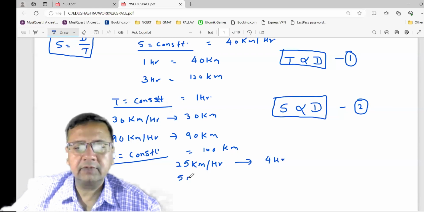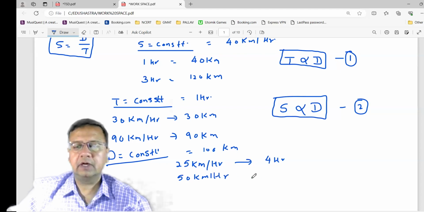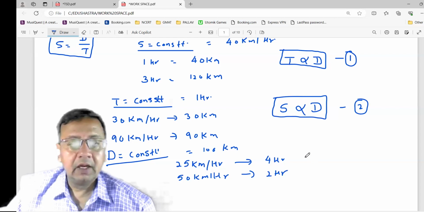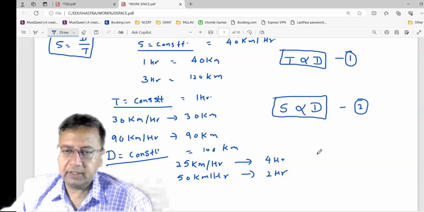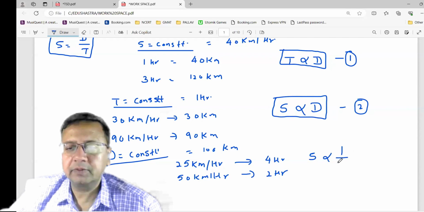And if I say you're traveling with a speed of 50 kilometers per hour, how much time? This is 2 hours, right? So if speed is increased, time will reduce. So here, if distance is constant, I can say speed is what? Inversely proportional to time, right?